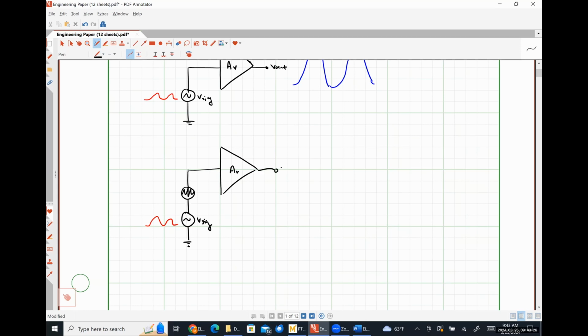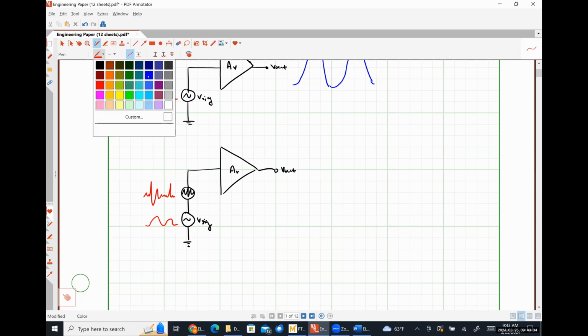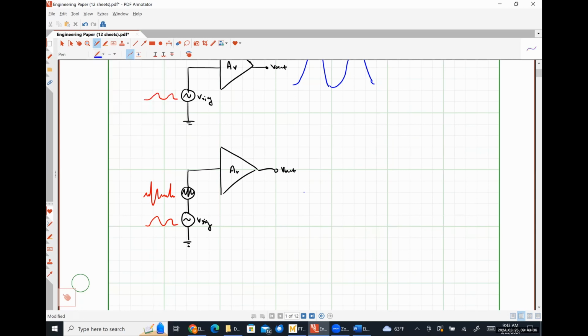What do you think is going to happen? Well, we are going to get our nice clean output signal, but superimposed on top of that, we're going to see that noise gets amplified as well.